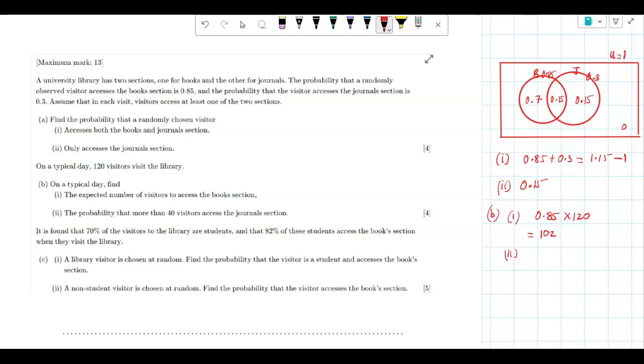The journal section is 0.3 multiplied by 120. More than 40 visitors access the journal section.